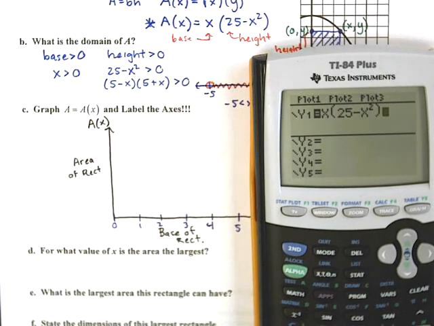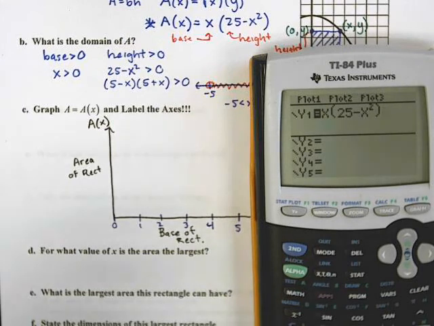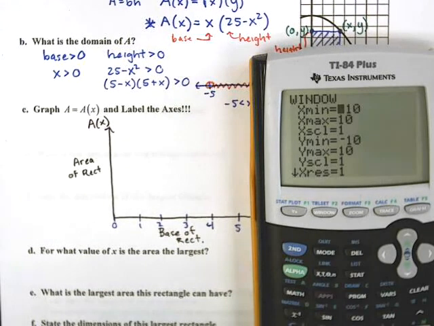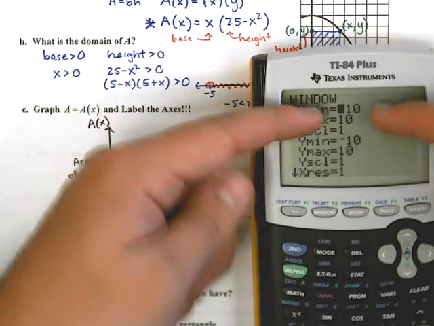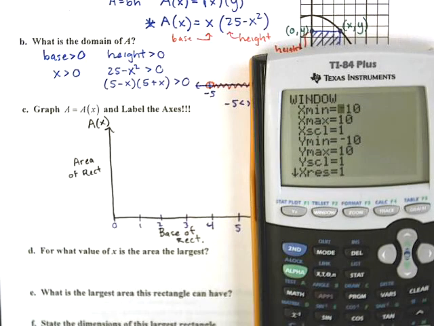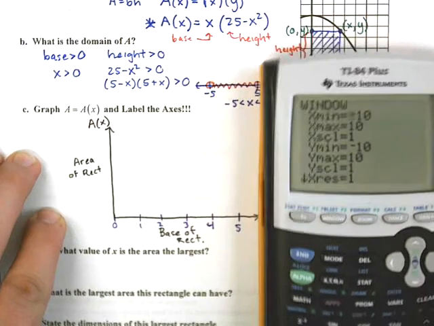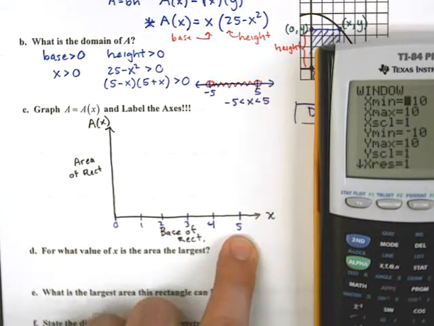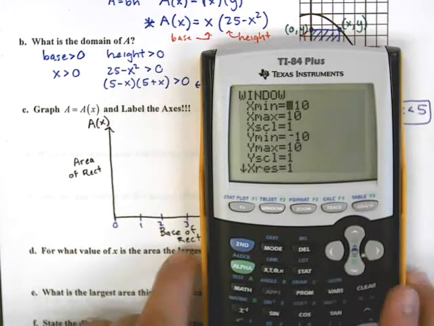Just like that. Next, I'm not going to hit graph just yet. You can, it's not the end of the world, but I want you to go to your window first. Normally, when we were plotting or graphing, we like to use this nice standard window. What I am here to tell you is, you don't need this. We don't need negatives, and we can only have x values as big as 5. So do it.